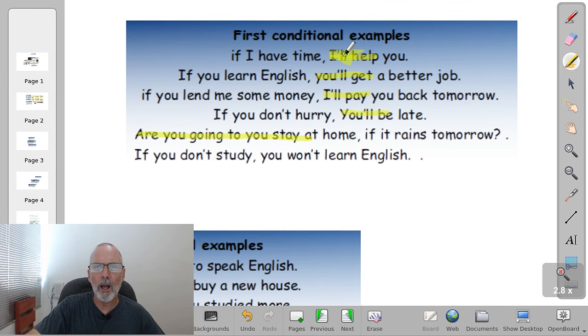So in the result, you can use any future tense, or maybe you can't use the future continuous. I'm not sure about that actually. I'd have to think about that.